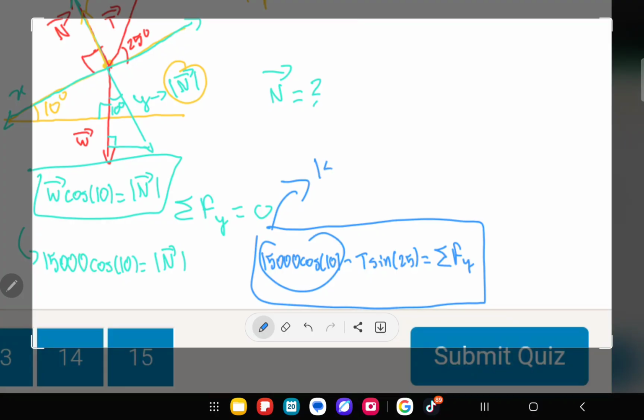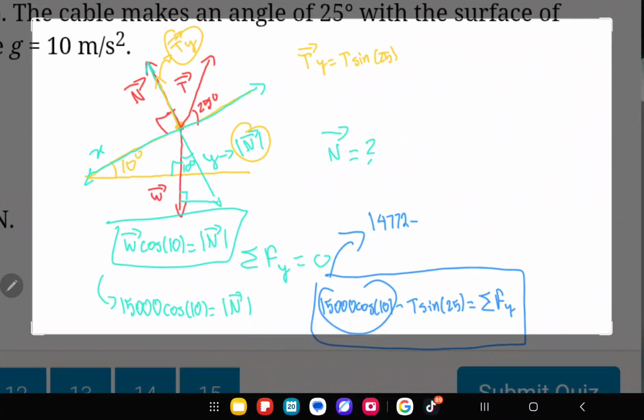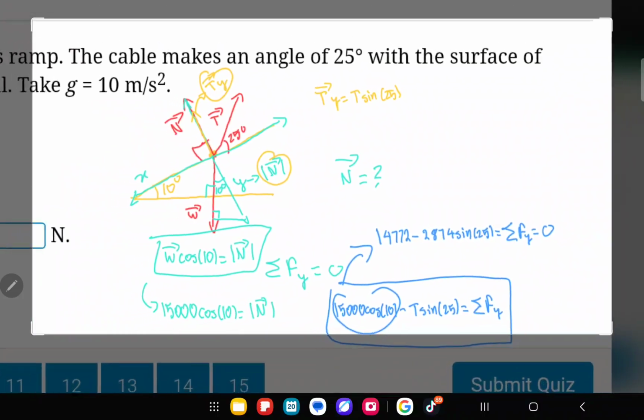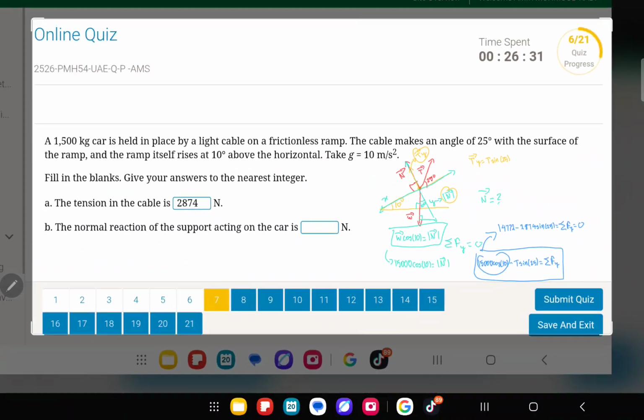So I simplified it, I got 14772 point, no, that's it. And then minus 2874 sine 25 is equal to the sum of Y forces, which is equal to 0. Wait, sorry.